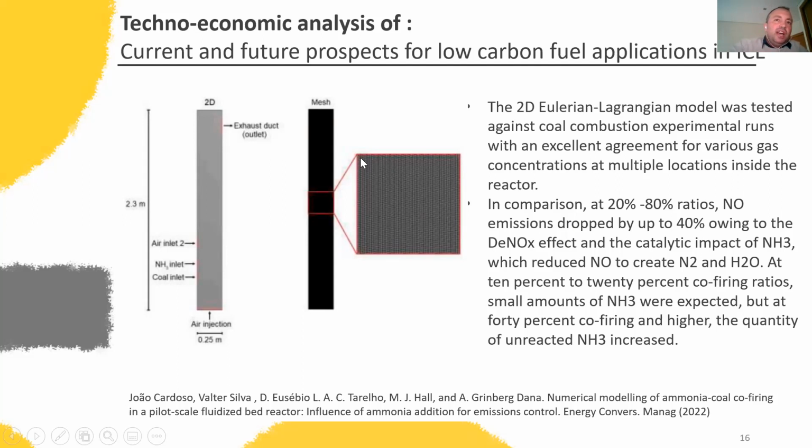Each cell has a lot of equations: chemical reactions, heat transfer, mass transfer, etc. So with our numerical simulation, what we do is solve this set of equations in each little cell, and then we go to the other and the other and the other.